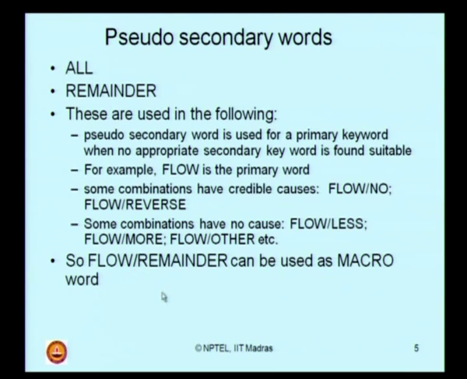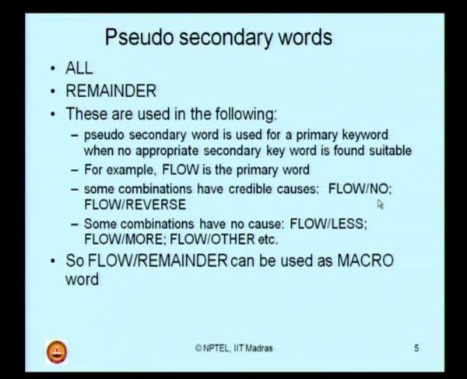So, flow remainder can be used as a macro word to combine all except no and reverse. Let me repeat again. I have a primary keyword flow. I understand the flow can either be reversed or there can be a situation of no flow.